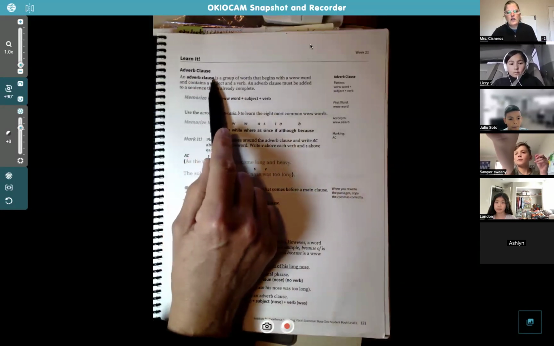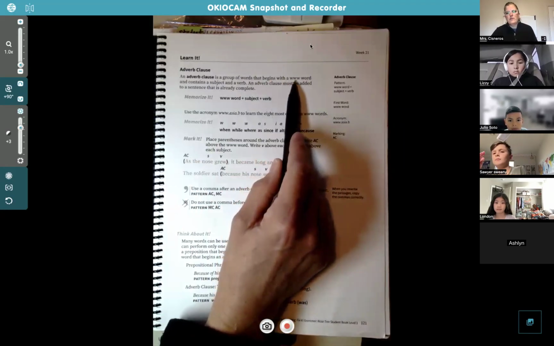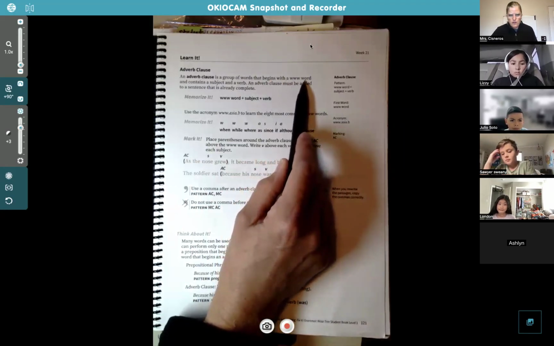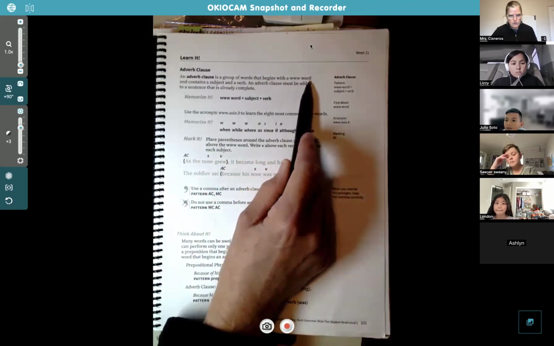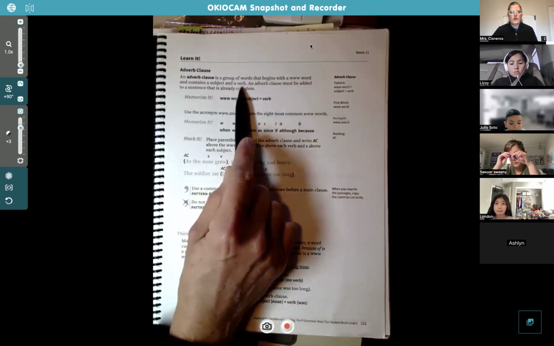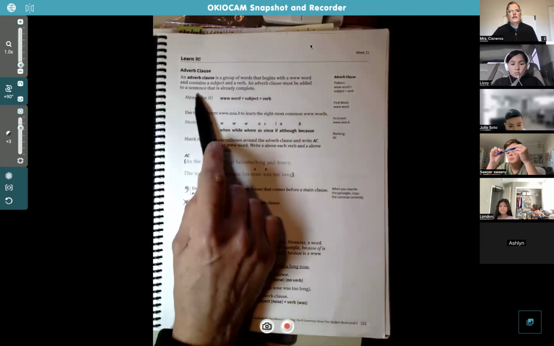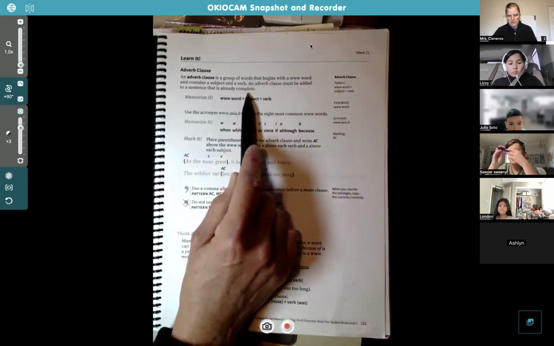It says an adverb clause is a group of words that begins with a www word, and I'm going to tell you what that means in a second, so don't worry. And contains a subject and a verb. An adverb clause must be added to a sentence that is already complete.